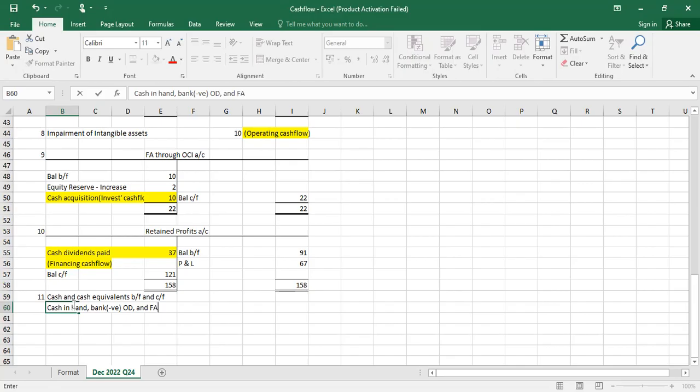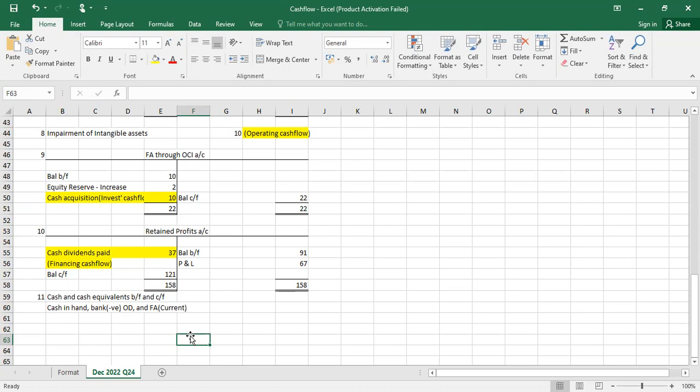This includes the financial assets, but the financial assets here have to be current, not non-current. The non-current are long-term investments, and so they cannot be considered cash equivalents.